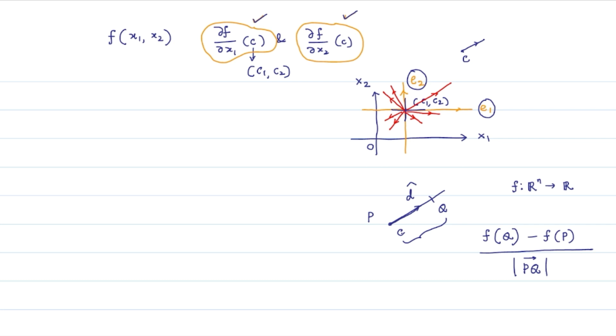Now if we want to calculate the instantaneous rate of change of the function value at the point P, we consider the point Q to be closer and much closer, and ultimately when Q approaches P, we get the instantaneous rate of change of the function value along the direction d hat at the point P. Notice that this limit can also be presented as follows.